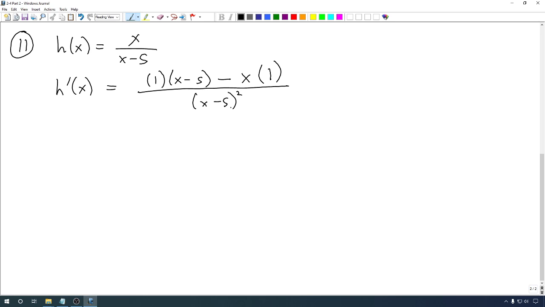I'm going to go ahead and simplify this because it does simplify pretty well. The ones here you might as well leave out. So we have x minus 5 minus x, and then this x actually cancels with that x. So we still have the minus 5 on top, and of course we have the x minus 5 squared on the bottom. So the derivative of this function is this function. Nice and simple.